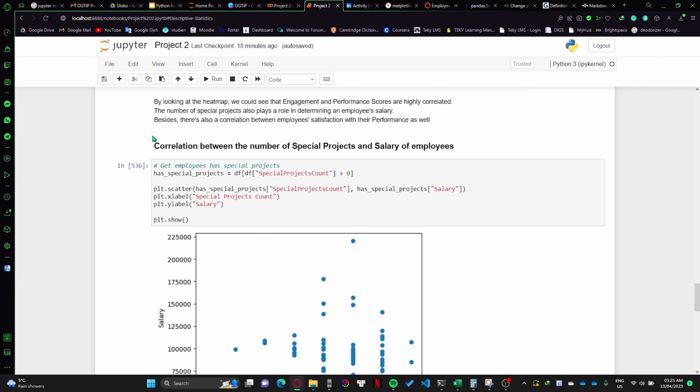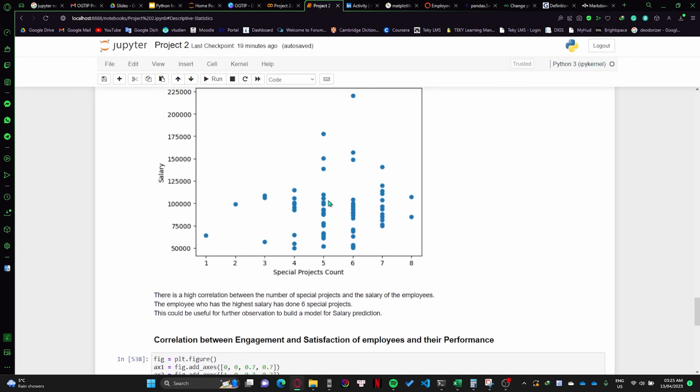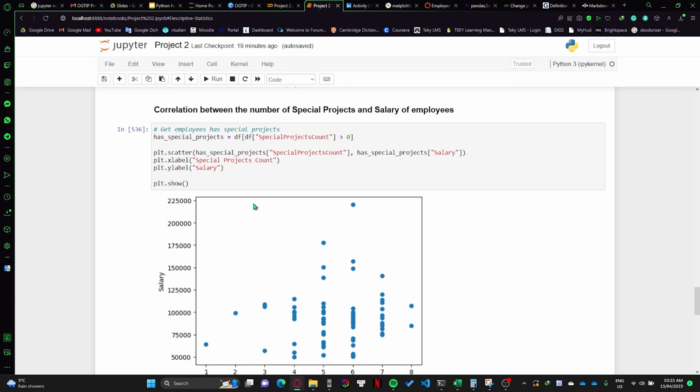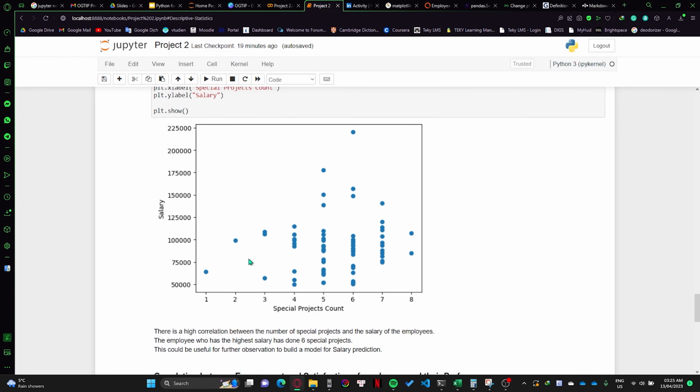First, let's look at the correlation between the number of special projects and the salary of the employees. By looking at this scatter plot, we can see that there is a high correlation between the number of special projects and the salary of the employees.